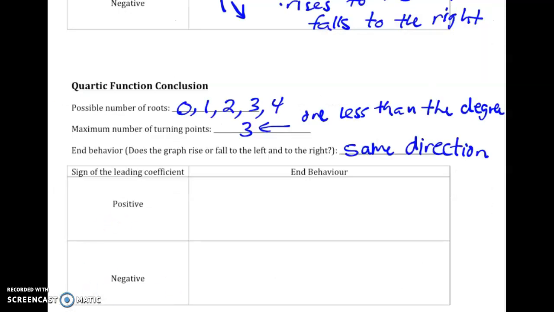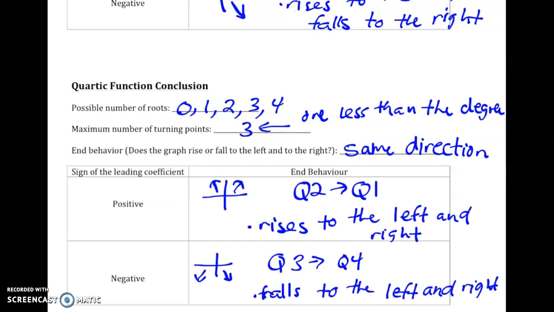So let's write that in our table now. The positive goes from Q2 to Q1, rising to the left and the right, and the negative goes from Q3 to Q4, and it falls to both the left and the right. Now you might be asking, how am I going to remember this? Well, a quartic function is an even degree.